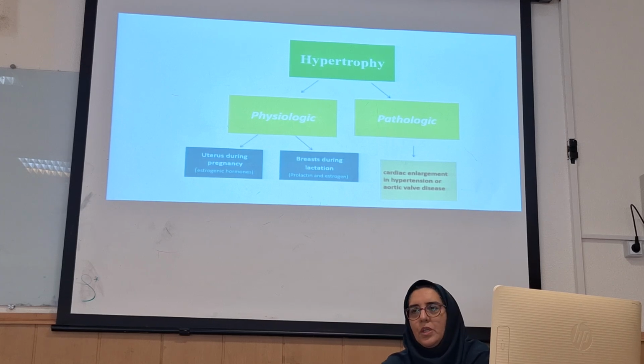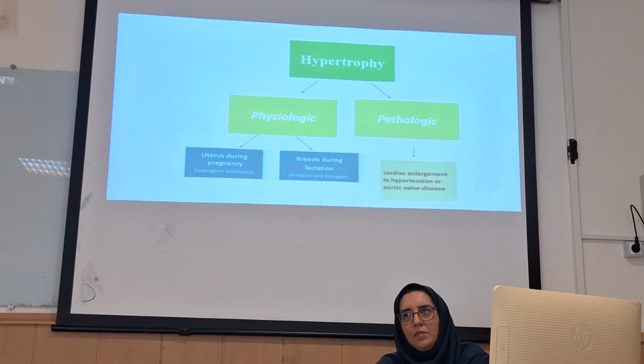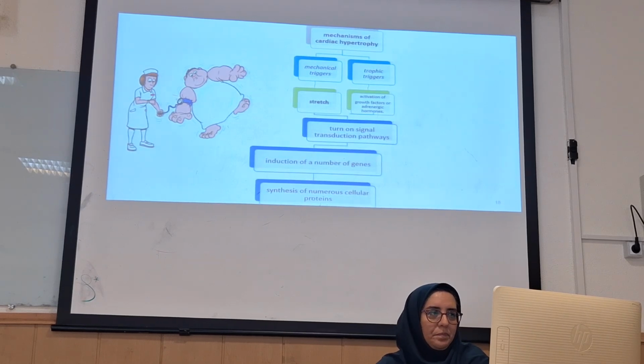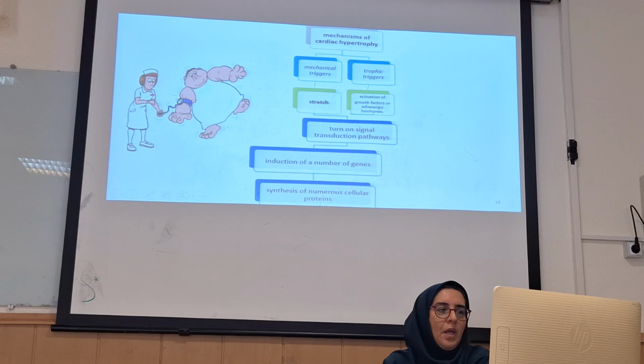But in pathology, such as hypertension, the cardiac muscle becomes hypertrophic. In aortic valve stenosis, cardiac muscle becomes hypertrophic. It is pathology.